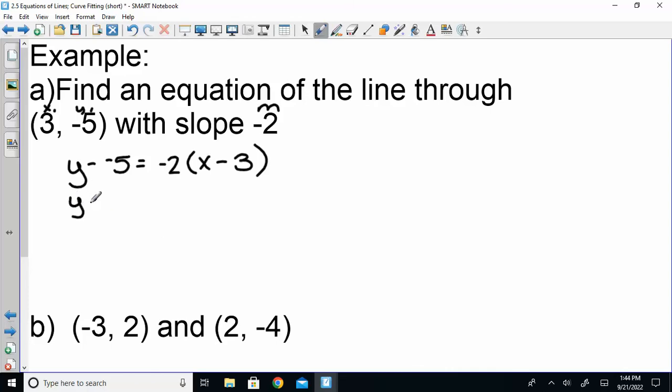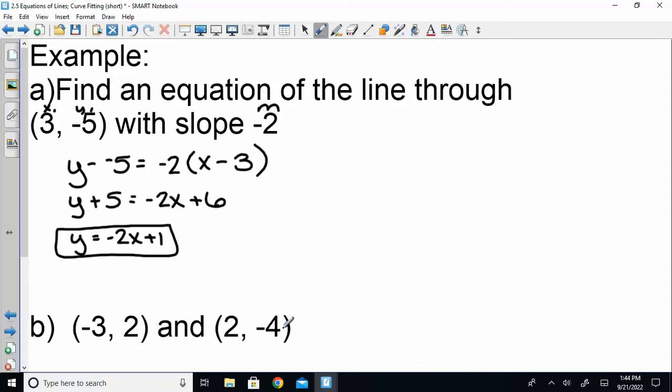So y minus negative 5 would be y plus 5 equals negative 2x plus 6. Subtract over your 5, so you get negative 2x plus 1.